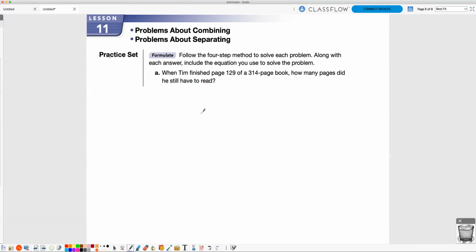So it actually starts out like this: 314-page book. That's the total. And we can subtract the amount that he actually read, the 129, which then equals how many pages he has remaining.